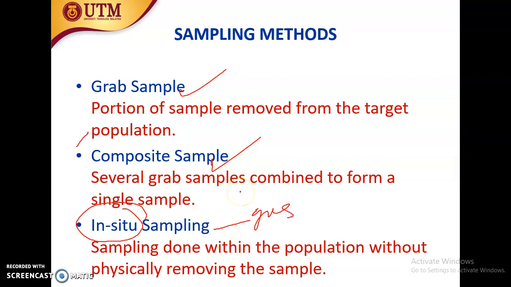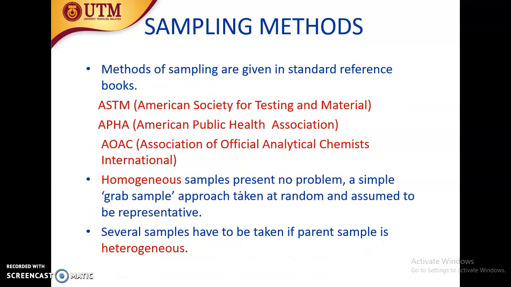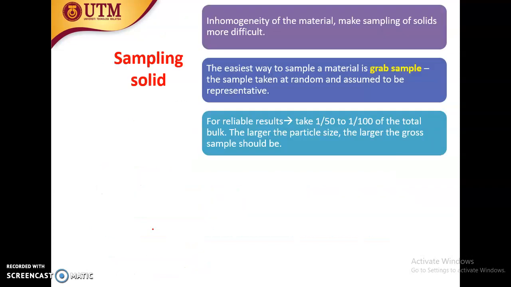So for gas sample, we will go later, when we go into gas type of material. This is the one that I mentioned just now, APHA, AOAC, and it must be homogeneous. If you cannot get homogeneous, you have to think of how to make it homogeneous.